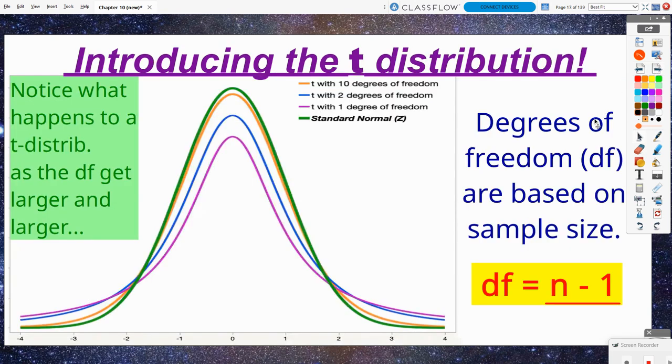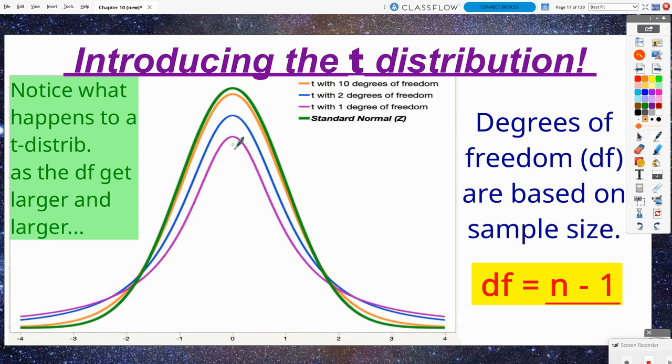Now, let me show you what a t distribution looks like. And you're going to go, this looks a lot like a normal distribution. And I would agree, it does look a lot like a normal distribution. Now, every normal distribution and every t distribution still has to have an area of 1 or 100% beneath it. So you might go, well, look at this purple t distribution here. It's shorter, right?